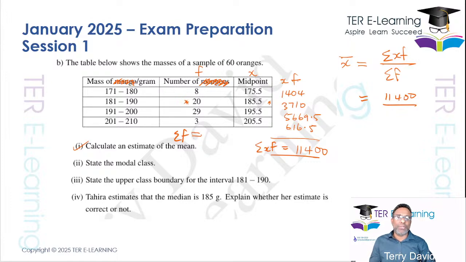Is that correct? Hold on. 8 plus 20 plus 29 plus 3. Okay, yeah, so sigma f is 60. Therefore, we're going to divide this by 60, and we're going to get 190 grams.